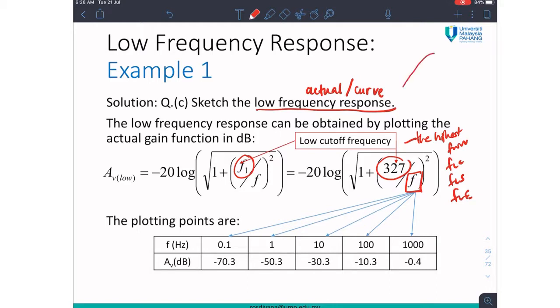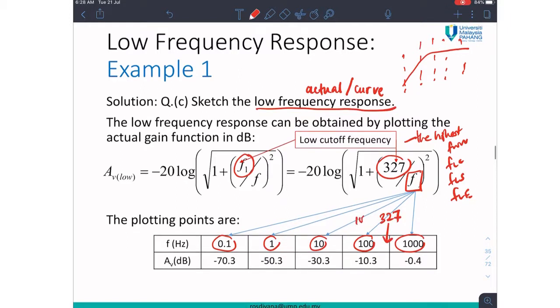The curve is like this. So assume that you will take many points from the beginning. I start with 0.1, 1, 10, 100, and 1000. Why 1000? Because my frequency is in this range, between 100 and 1000. So I need more points to get the curve at this side.